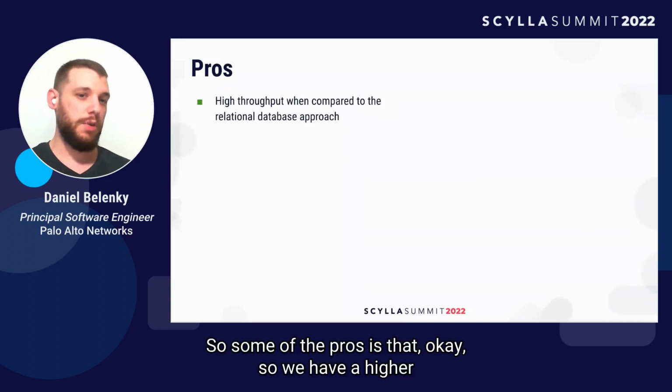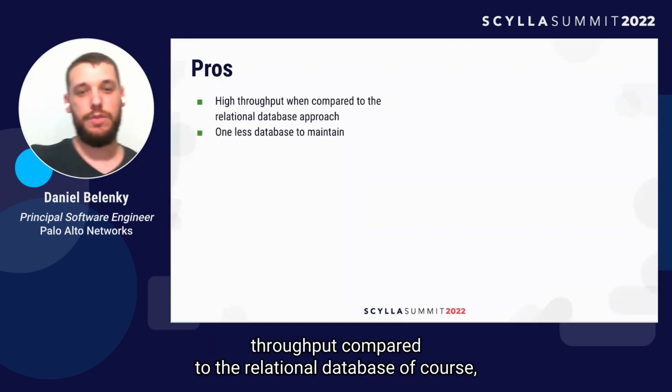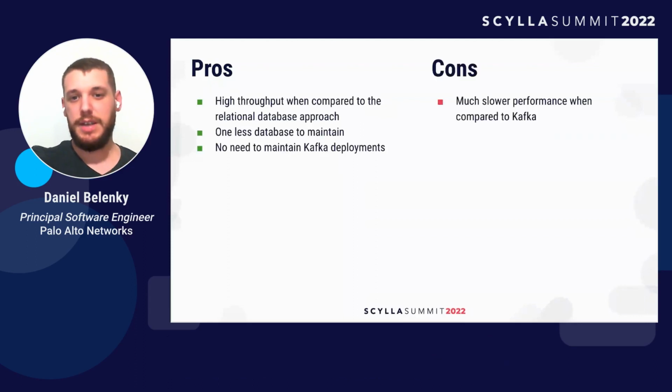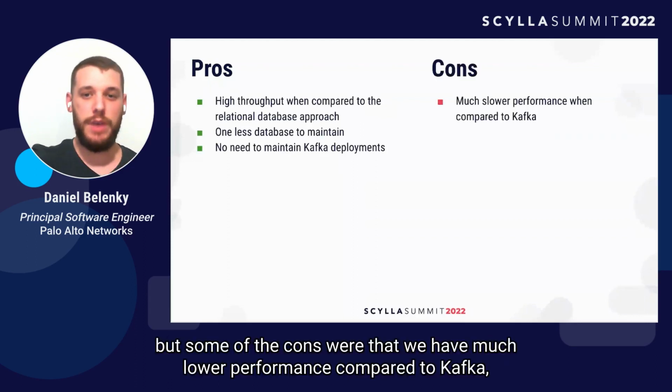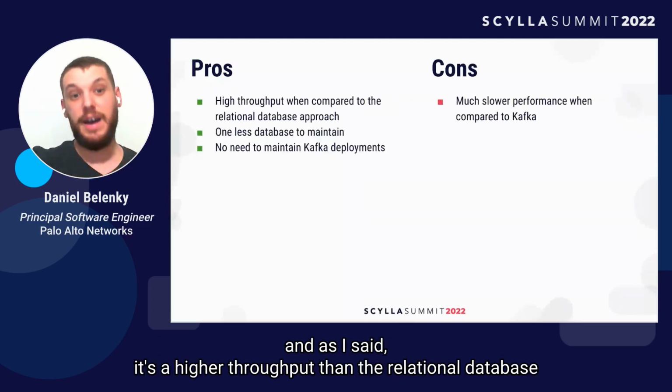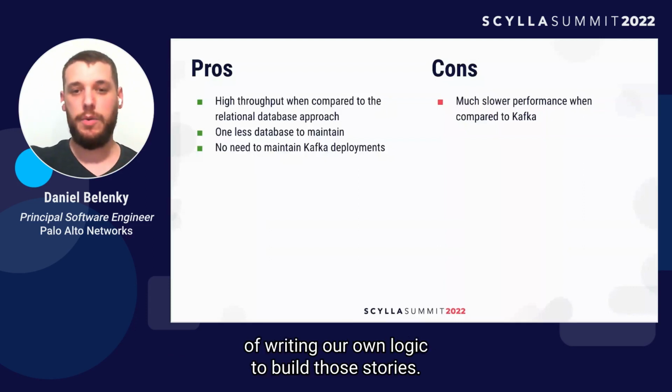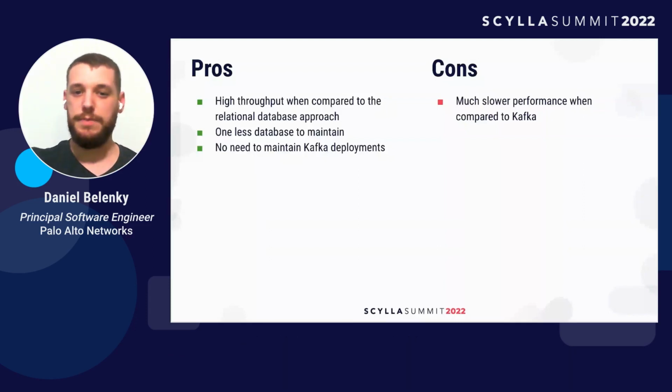So some of the pros is that we have a higher throughput compared to the relational database, of course, and we have one less database to maintain. We didn't have to maintain Kafka deployments, but some of the cons were that we have much slower performance compared to Kafka. And as I said, it's a higher throughput than the relational database, but not something that probably was worth the overhead of writing our own logic to build those stories.